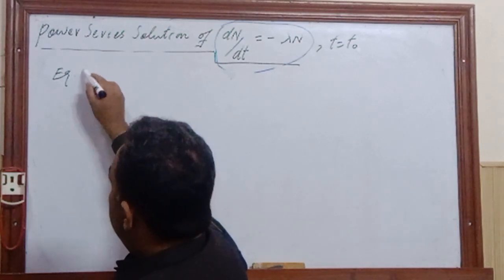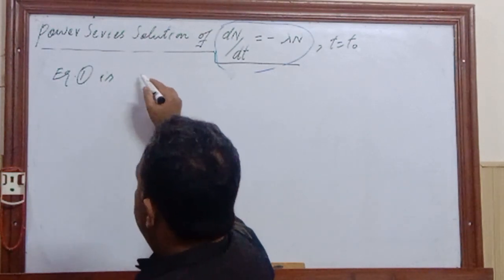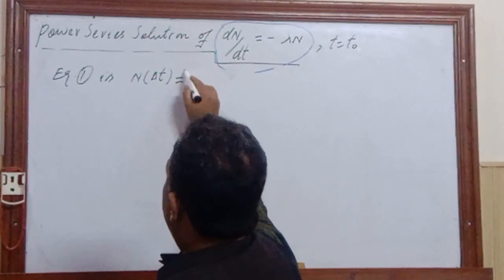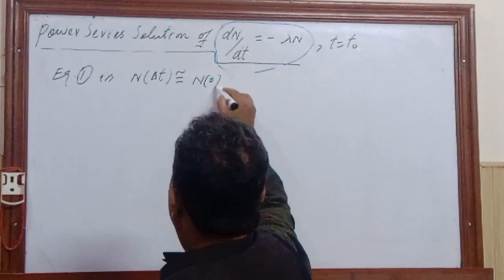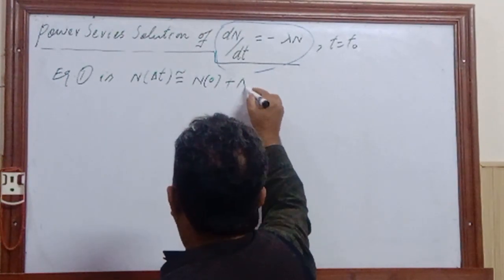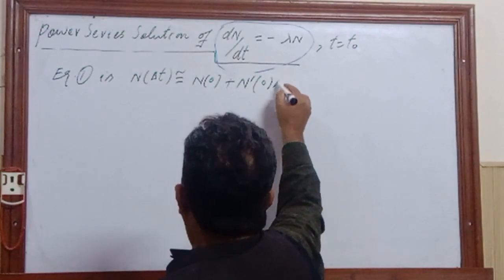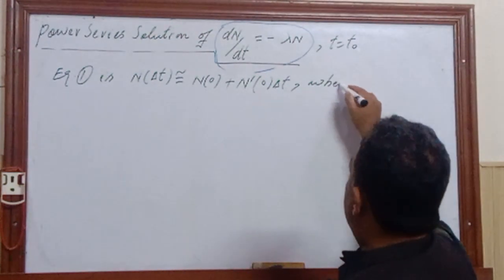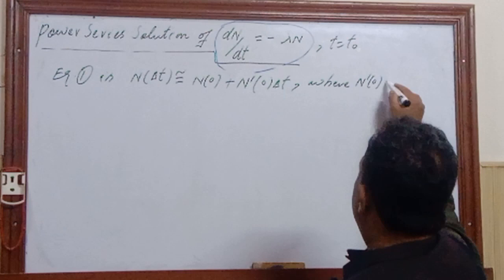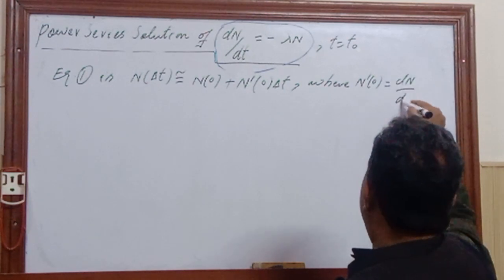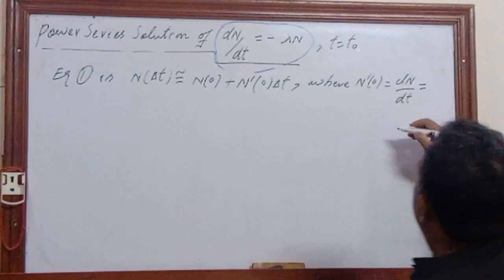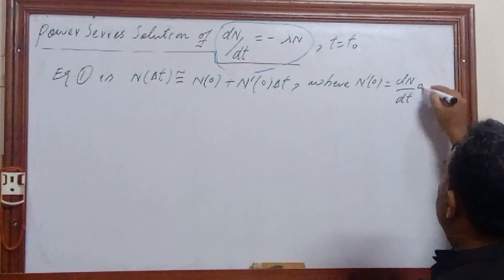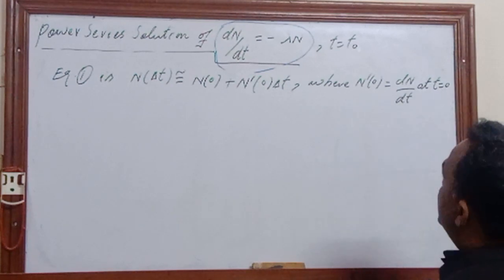That is n of delta t approximately equals n of 0 plus n dash of 0 times delta t, where n dash of 0 is actually the value of dn over dt at t is equal to 0.